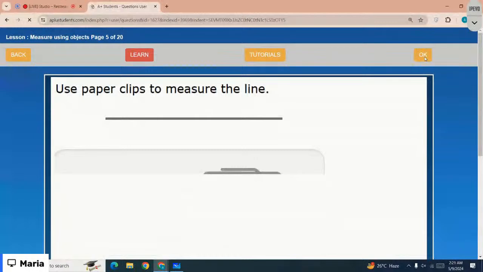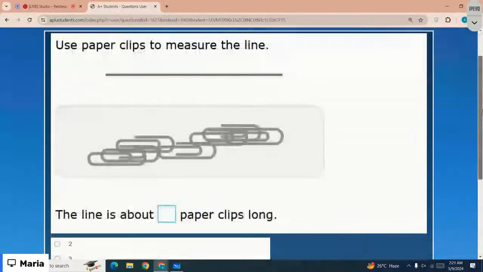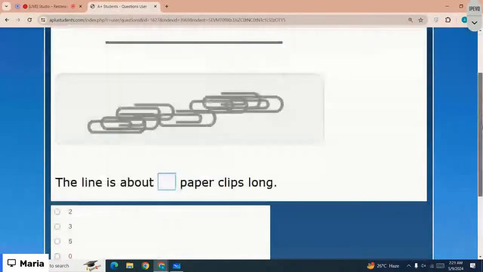Use paper clips to measure the line. So the line is about how many paper clips long?